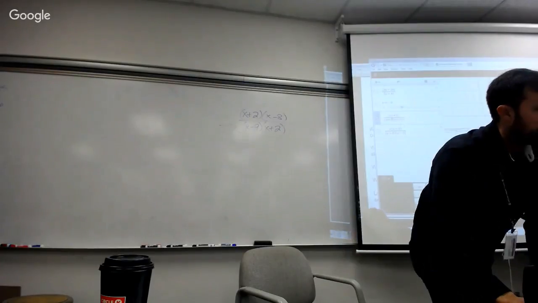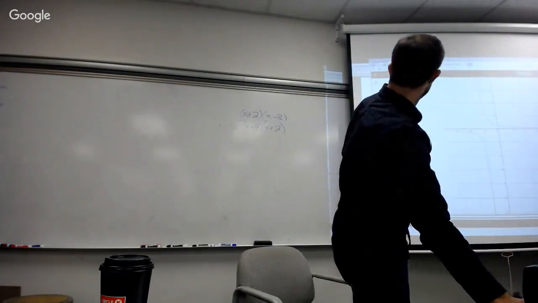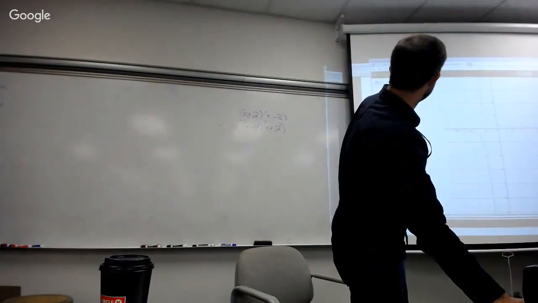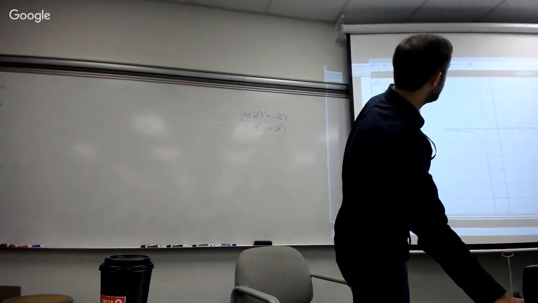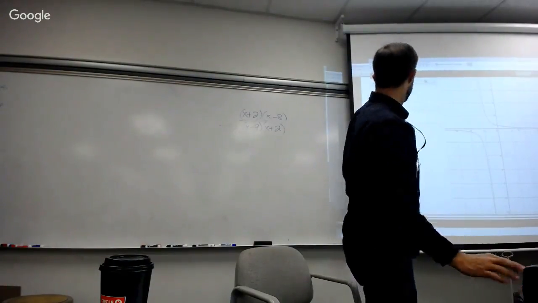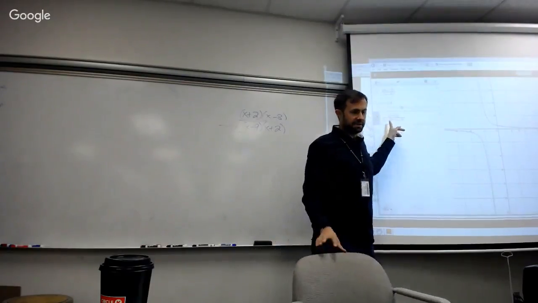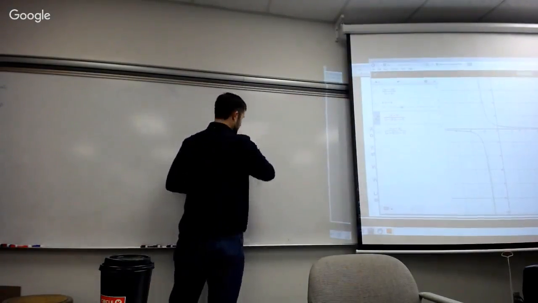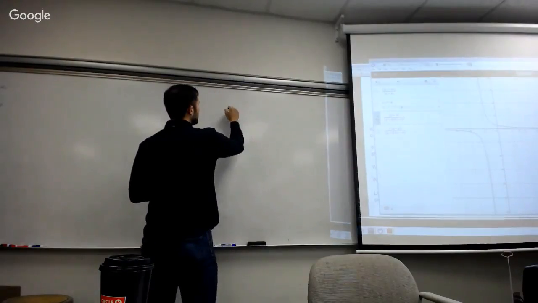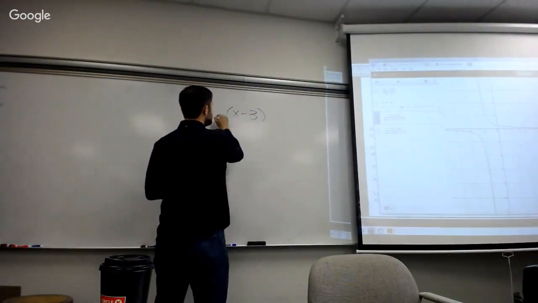And now my hole and my asymptote have switched places. Now I have an asymptote at negative 2, and now I have a hole at positive 3. So it's not just the sign of those terms. What else? Whatever binomials exist after you've canceled out the others. Yeah, after you do the canceling.